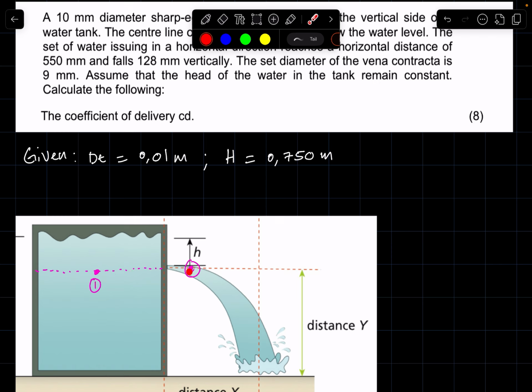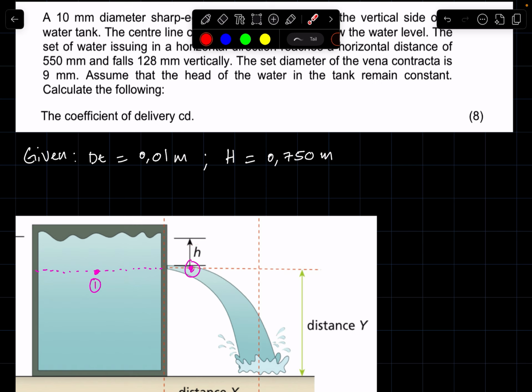That is why we say that because this hydraulic system is an open loop, the water essentially returns back to the reservoir. That is how this pressure head is able to remain constant. So the pressure head difference will be the H of water from the water level to point 1. This is the H we're referring to.